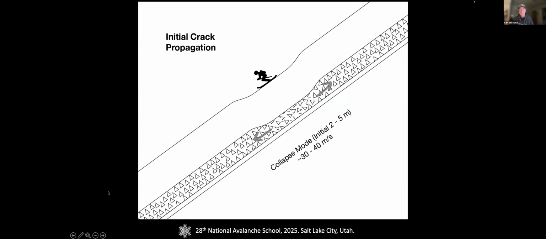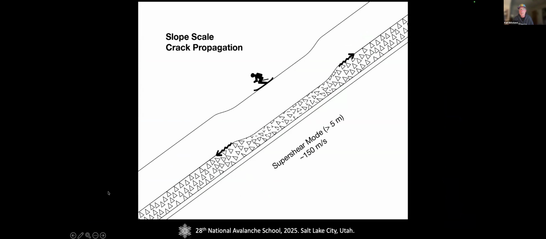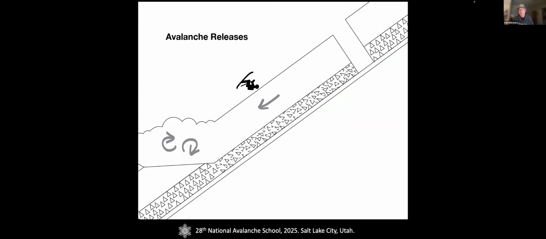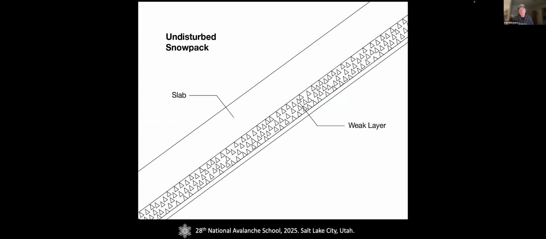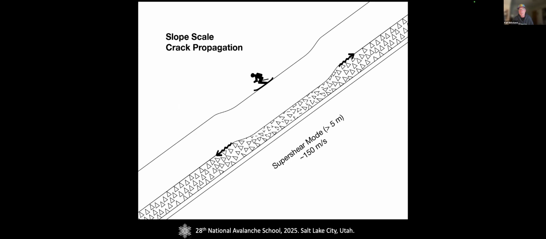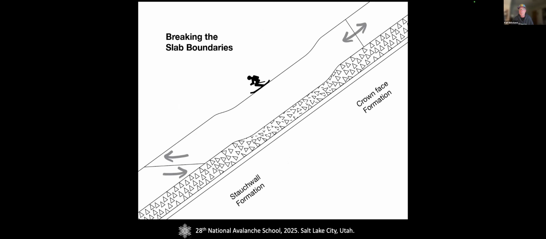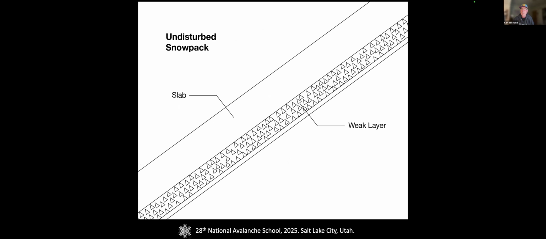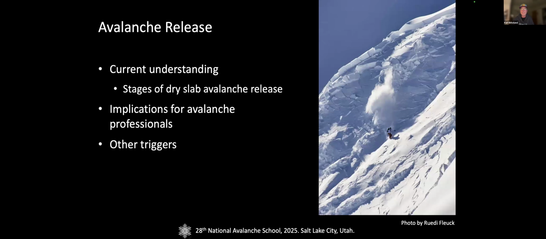So again, back to our little animation, the skier bends the slab, breaks the weak layer. We get initial crack propagation, then we get super shear. Slab moves downhill, and we have the energy to break it and to slide downhill.